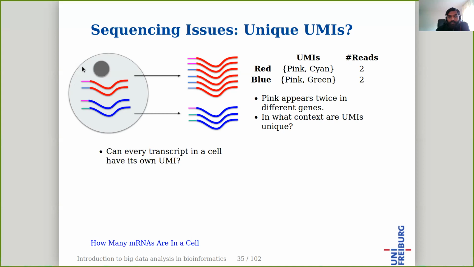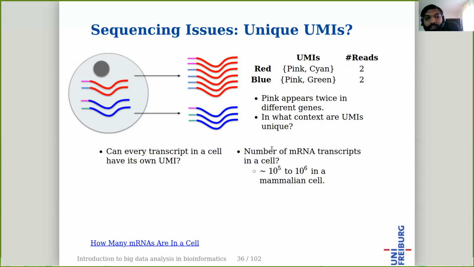Now the question is, can we overcome this problem, where we don't want to have the same UMI attached to different transcripts? To find this out, we have to know in advance how many mRNA transcripts there are in the cell. This is anywhere between 100,000 and 1,000,000 transcripts in a mammalian cell.